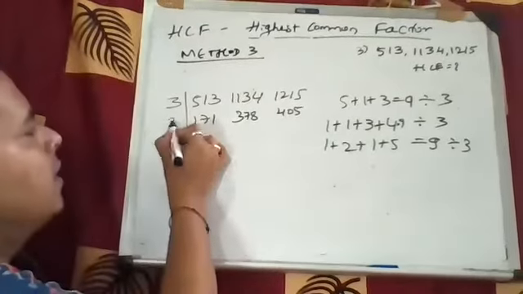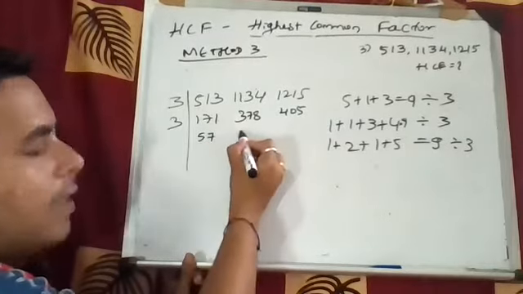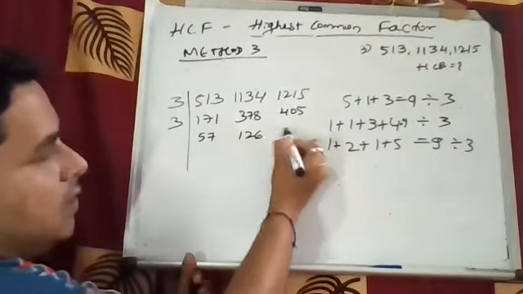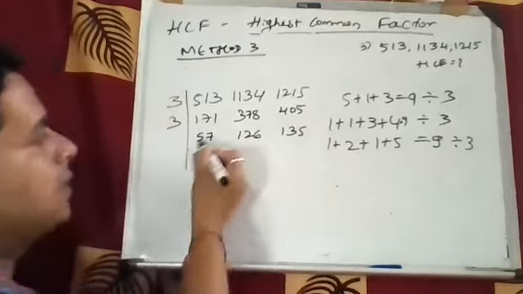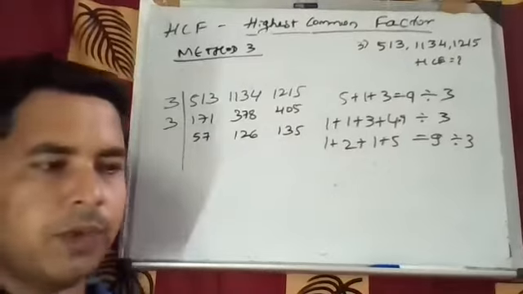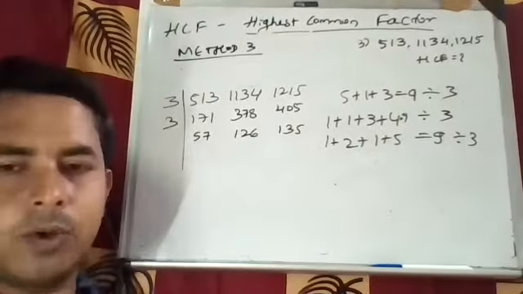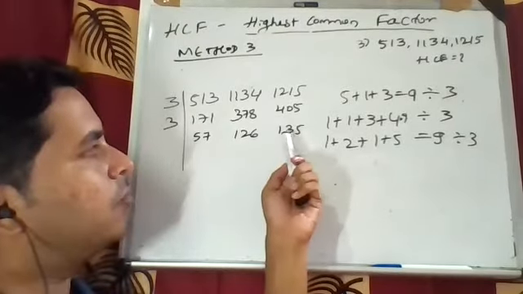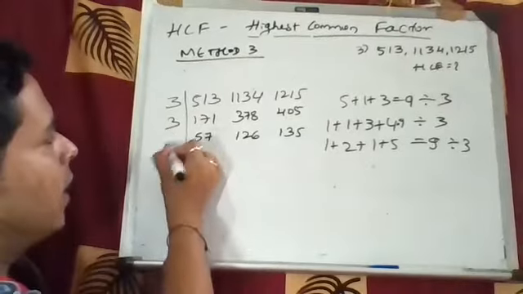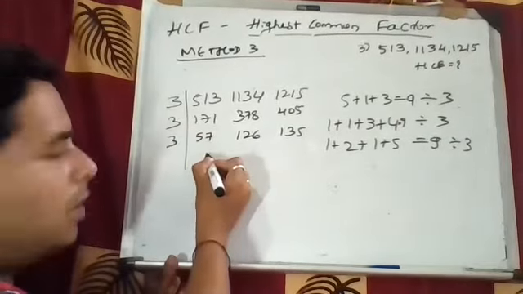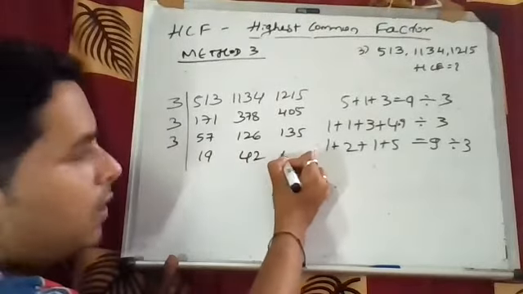So once more take 3: 3 5s are... then 3 7s are 126, next 135. Check once more: 5 plus 7 is 12, it will go by 3. 1 plus 8 is 9, it will go by 3. And 4 plus 5 is 9, it will go by 3 again. So we get 57, then 126, then 135.